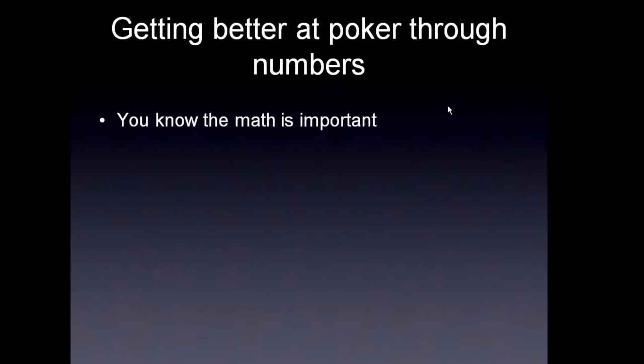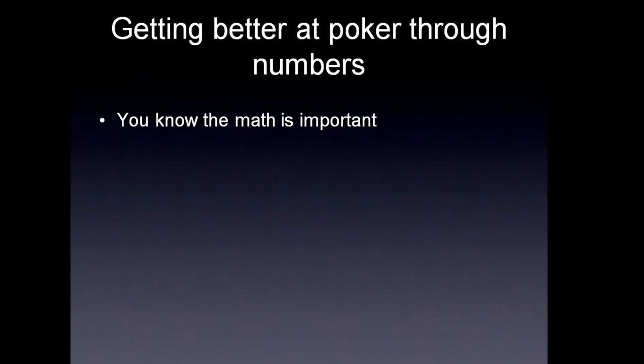If you're watching this series, you clearly understand that the math behind poker is important, and there are a lot of very accomplished poker players who don't understand the math, but I think those people just have a certain innate ability to understand and improve from within. And I don't think that applies to most of us.